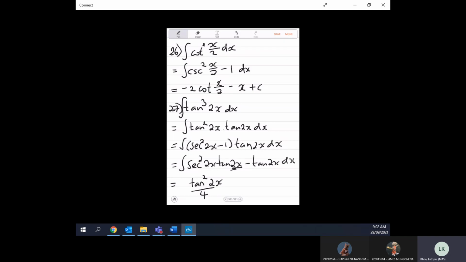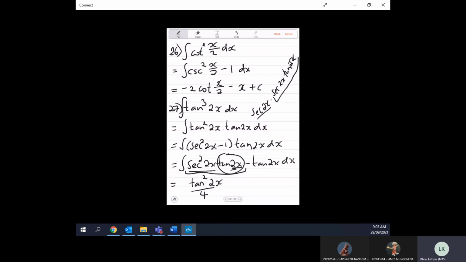So the way it's written here, this is the function and that is its derivative, but I could also write it as sec 2x times sec 2x tan 2x, and you can see that this is the derivative of that one.